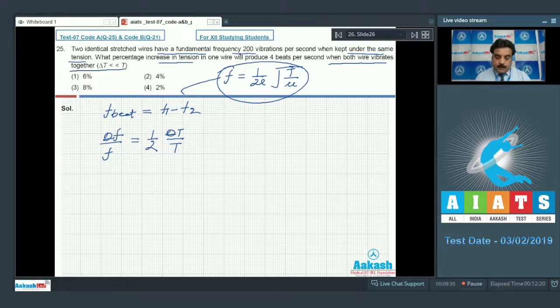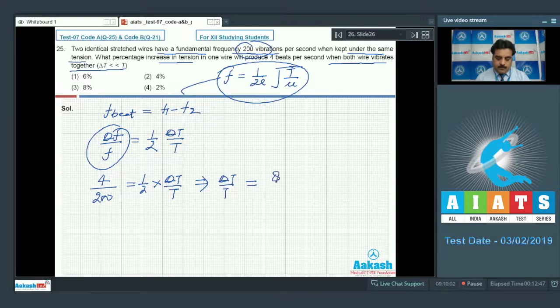As per the question, 200 vibrations per second and tension will remain the same. So in place of this, I can write 4 upon 200, equal to 1 by 2 into delta T by T. Now we can write delta T upon T equal to 2 into 4, meaning 8 upon 200.